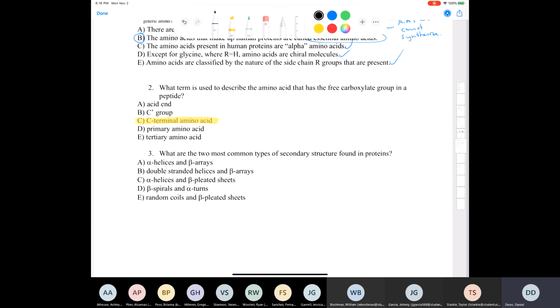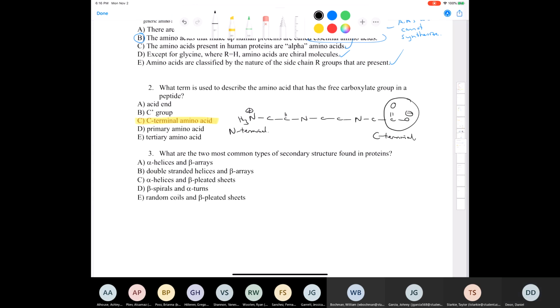So if you have a tripeptide, let's say you have NCC, NCC, NCC. By convention, on the right-hand side, we put the carboxylate, and we call this the C-terminal. And on this end, we put the protonated nitrogen, and we call this the N-terminal.